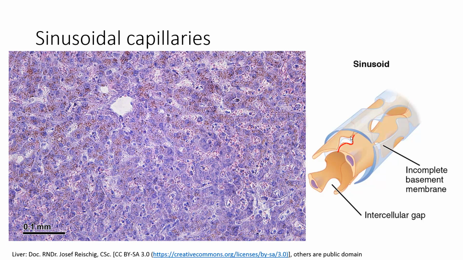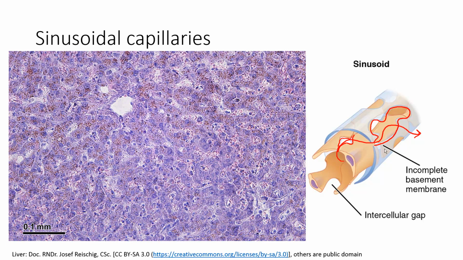They have big gaps in between the cells. Additionally, the basement membrane is incomplete, meaning that substances are free to go from the blood space into the tissue space unhindered. We get maximum contact between the blood and the tissue.